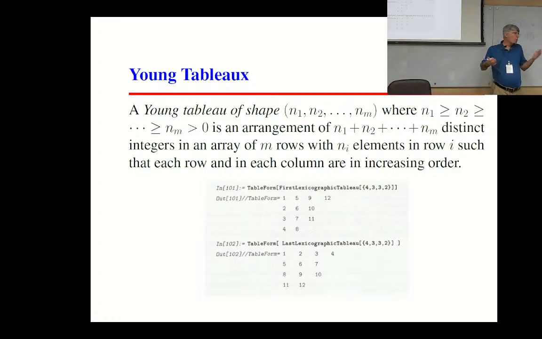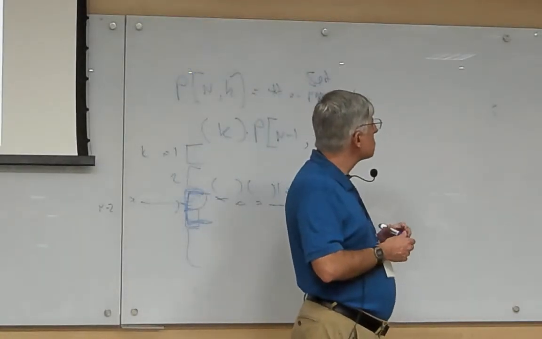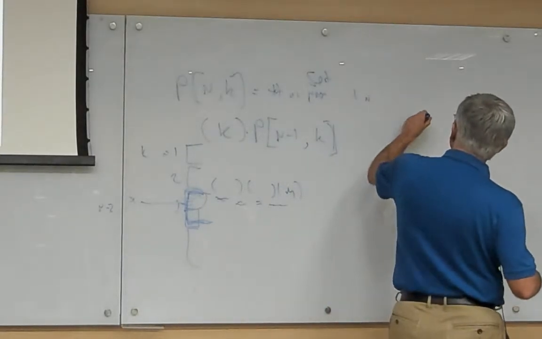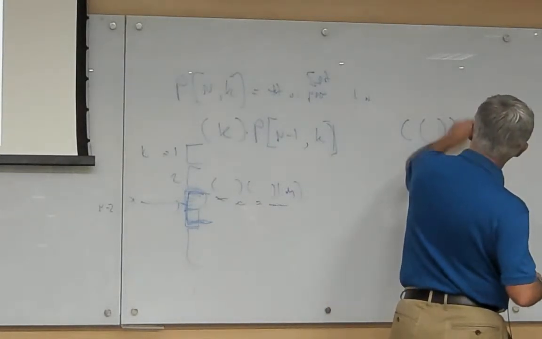Okay, you may say, well, who cares about these things? They're kind of general things, and let me give you an example of why you might care about these things before I tell you how to count them. What if you have, you guys are used to thinking about parentheses, right?